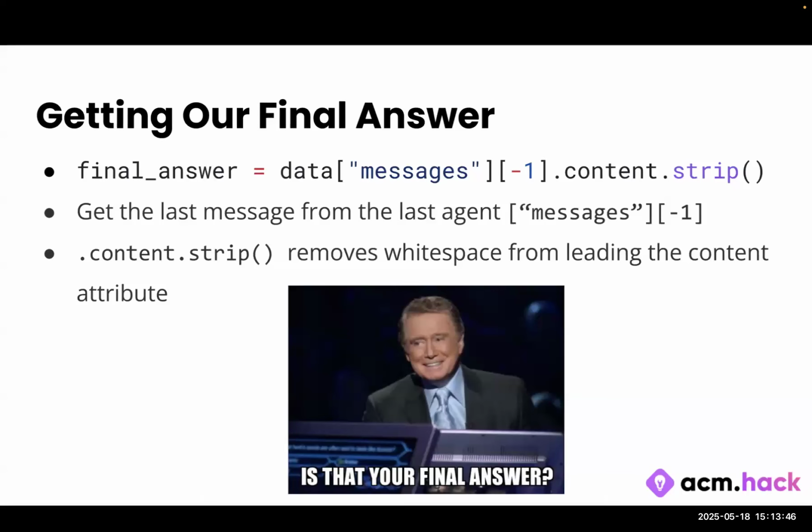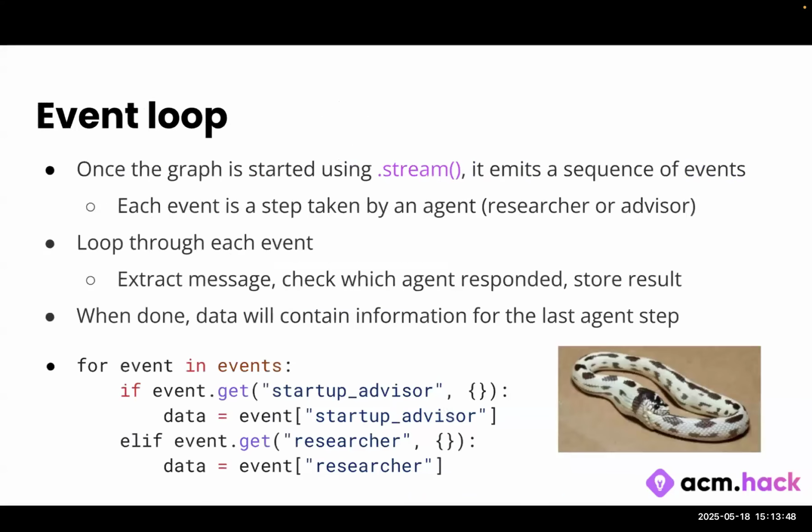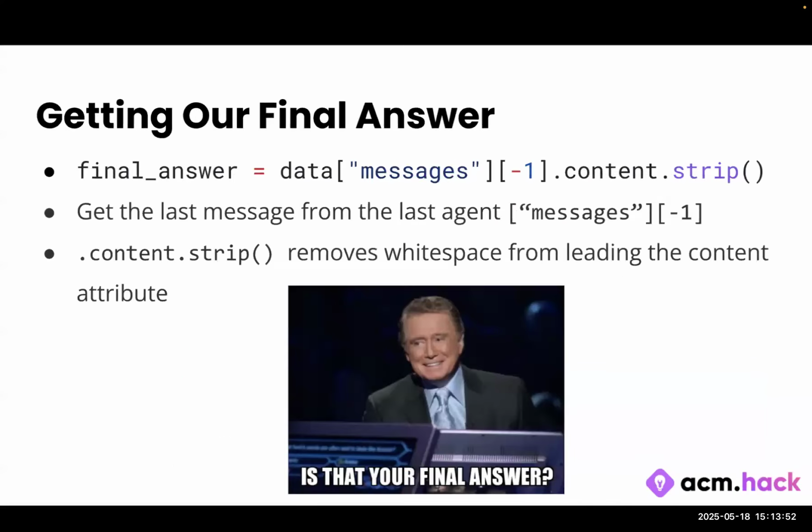Okay, so from the slide before, data has the message from the last agent that was run, and we're going to extract the final answer from this object. If you don't understand what this is doing straight off the bat, it's okay.